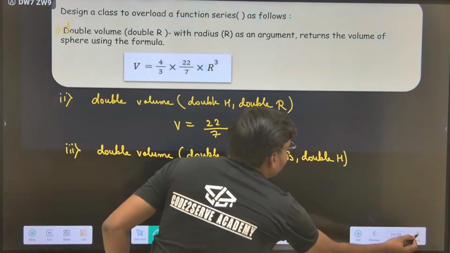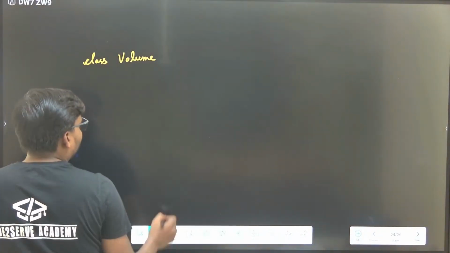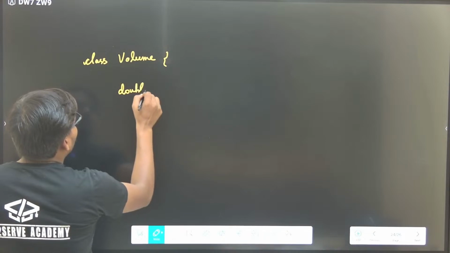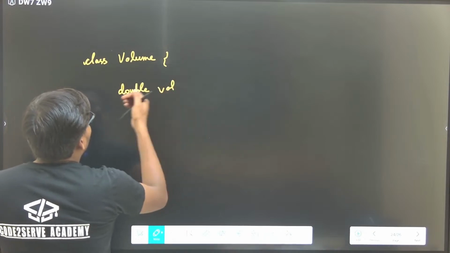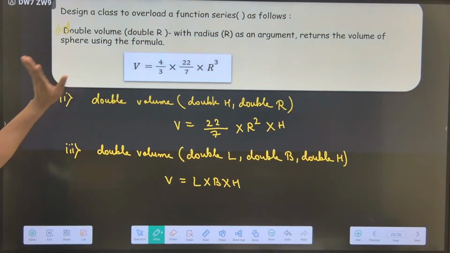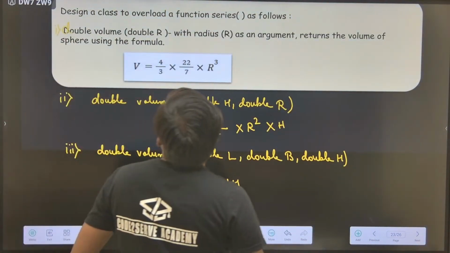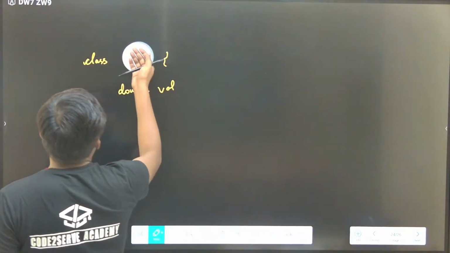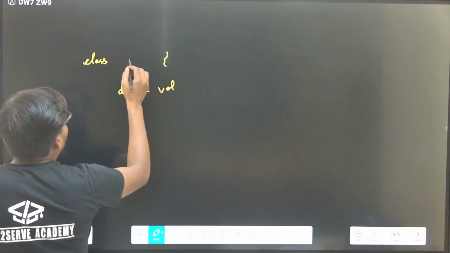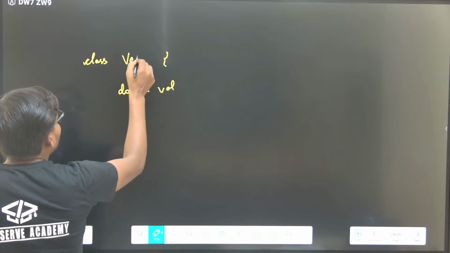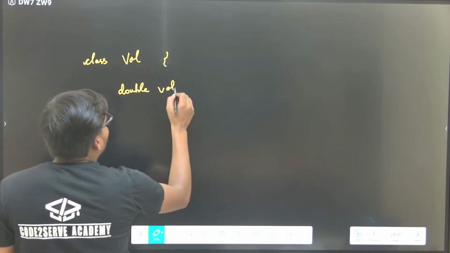Okay. Let's rename this because the function name is written volume. So let's change the name of this class, basically make it as vol.